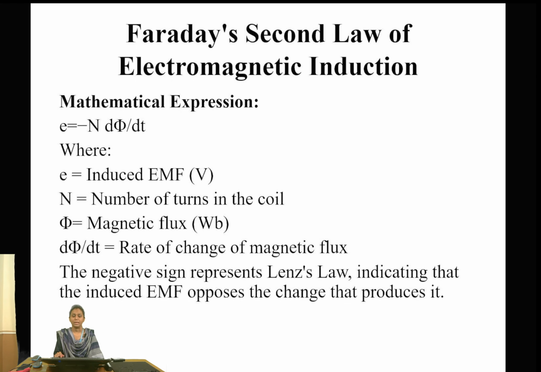So the mathematical expression for the second law is E is equal to minus n d phi by dt, where E is the induced EMF and its unit is volts, n is the number of turns in the coil, and phi is the magnetic flux which is measured in Weber. D phi by dt is the rate of change of magnetic flux, and the negative sign represents Lenz's law, indicating that the induced EMF opposes the change that produces it.